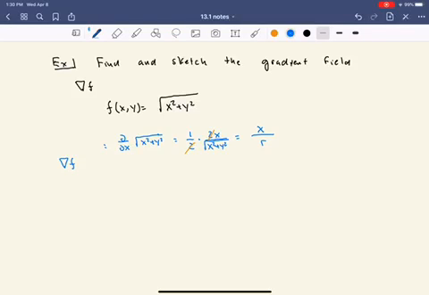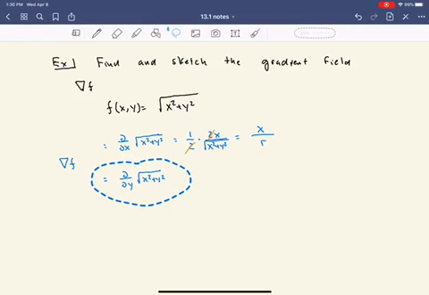We also have, since this is two-dimensional, the derivative with respect to y of the square root of x squared plus y squared. I like these problems because they're very symmetrical, and I don't have to do much once I've done the first one. I just know it's going to be y over r.